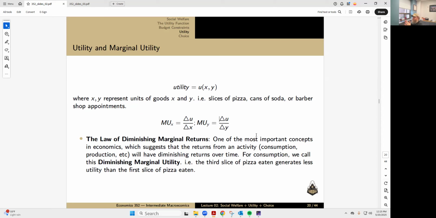The other reason this is important is that this is the way we've been thinking about utility and consumption for a very, very long time.